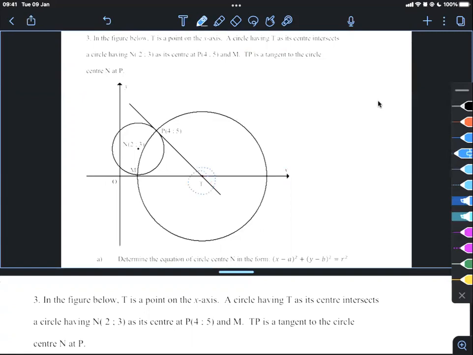They continue to say a circle having T as a center intersects a circle having N as a center. N is (2, 3). The T circle is not given a center, so basically we just know it's T.